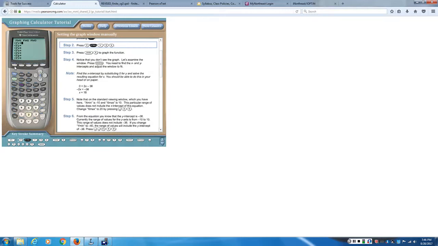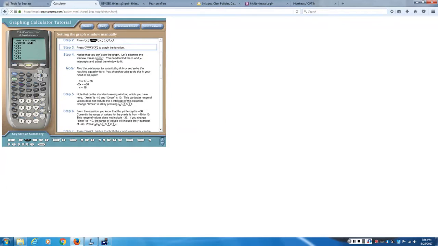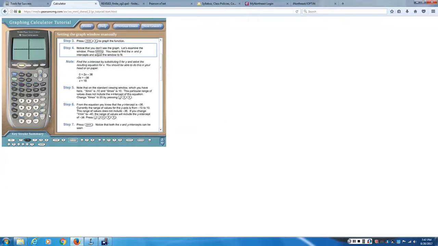You press that button, and if you want to enter an equation, it says press 2, and then the X key, and then the subtract key, and then the 3 and the 6. Then you press zoom and 6, zoom 6, and that automatically sets your window to go from -10 to 10.